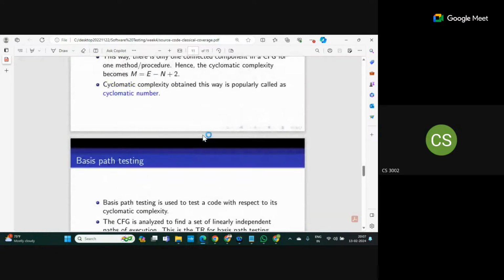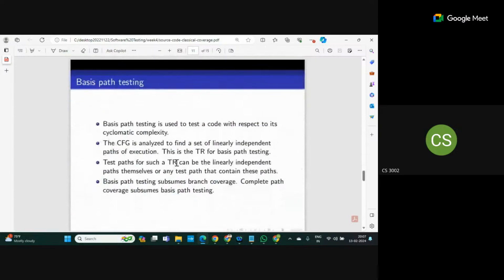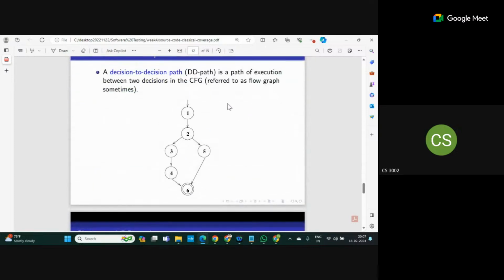One is, I don't know which formula is given here, edges minus number of nodes plus 2, right? Or you can say number of decision nodes, or number of decision statements or branching statements, plus 1. It could be calculated in both ways, but this is the more basic formula.